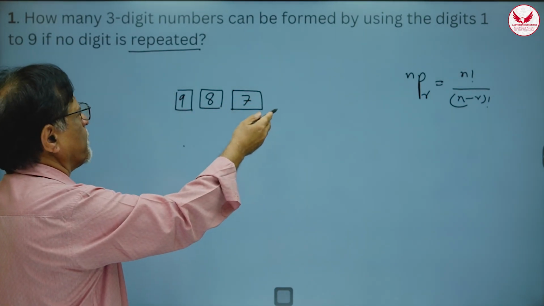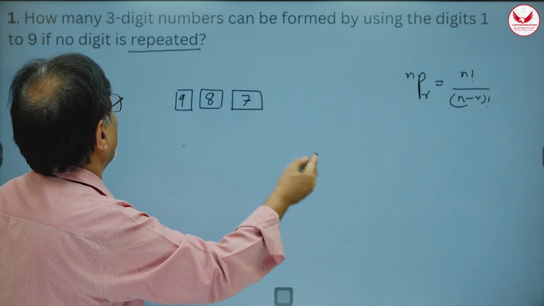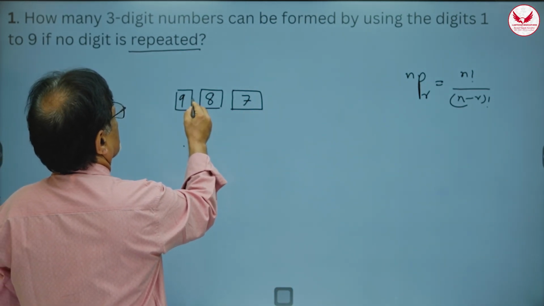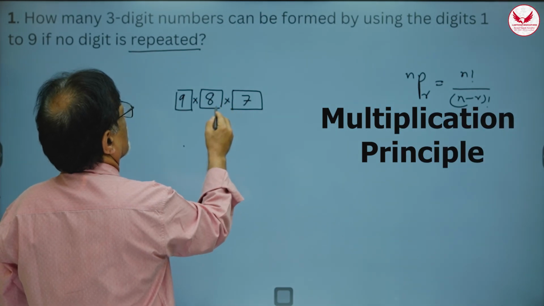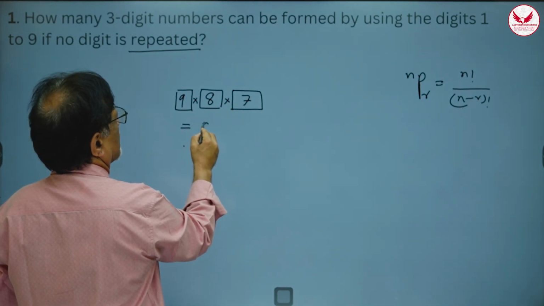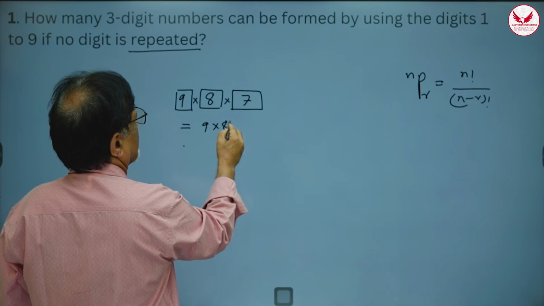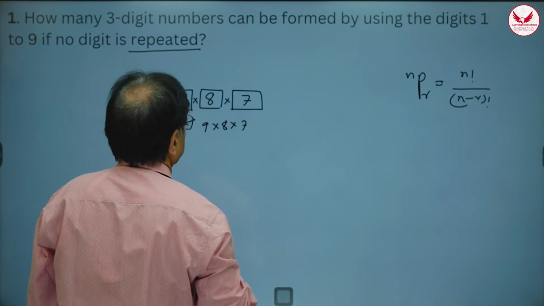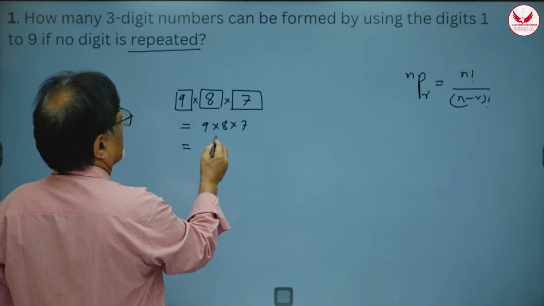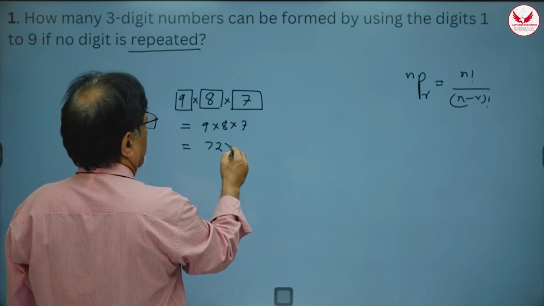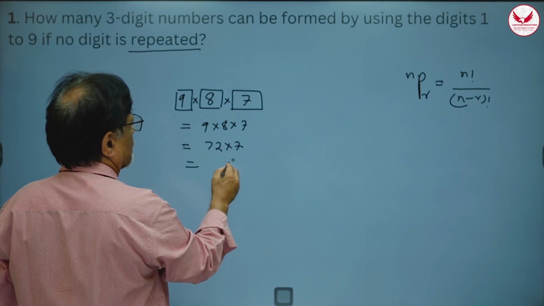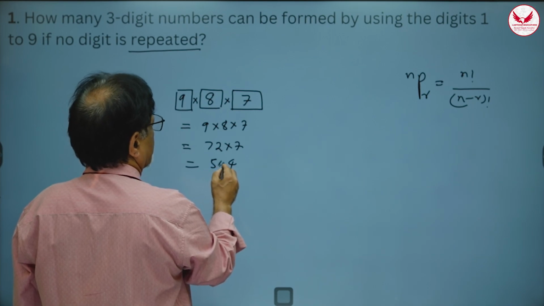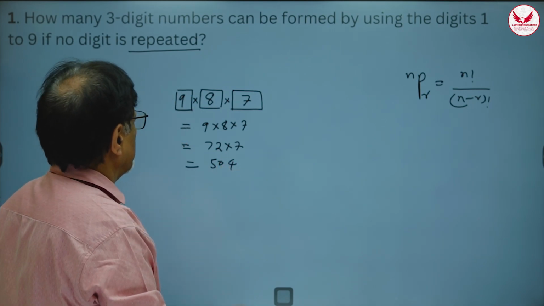And all these jobs are to be done simultaneously at one time. So there is a multiplication principle here. We have to multiply the 3 things. So the answer is 9 multiplied by 8 multiplied by 7, which comes out to be 72 multiplied by 7, which is equal to 504.